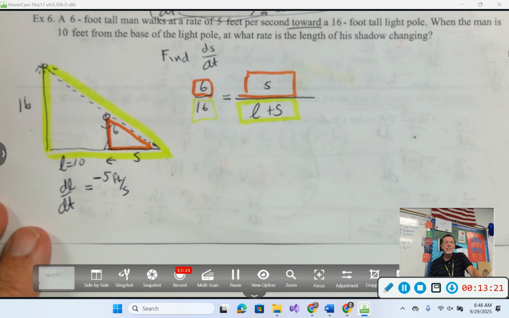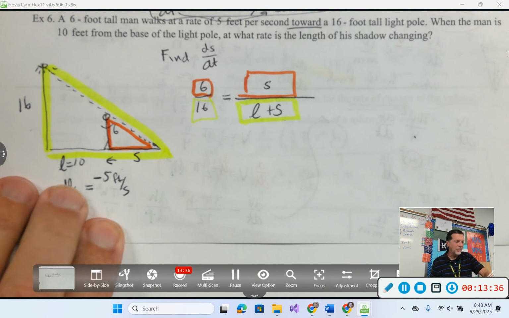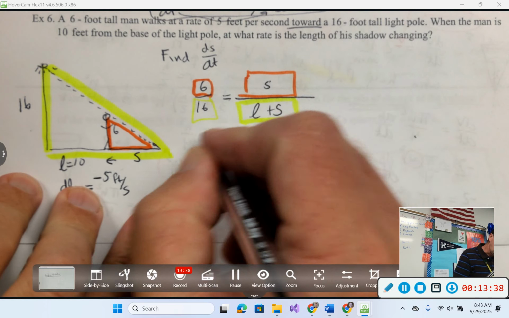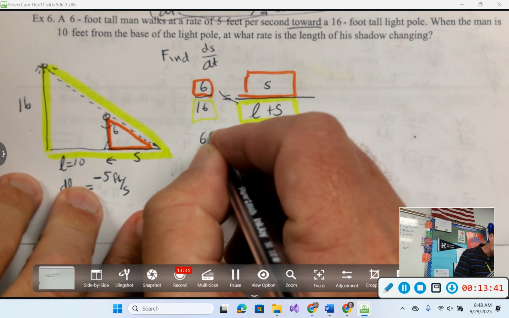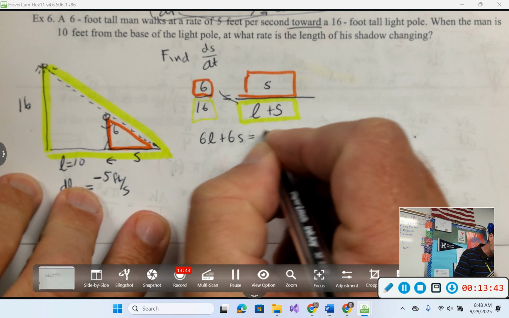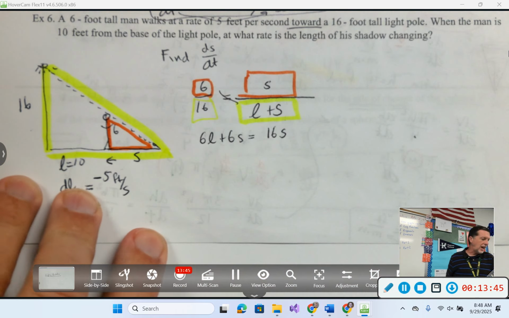So this is one where they don't give you a formula. You have to come up with the formula. I could take a derivative now, but I'd have to use the quotient rule. So I say we cross multiply and make our life a little easier. So I'm going to say 6L plus 6S equals 16S.